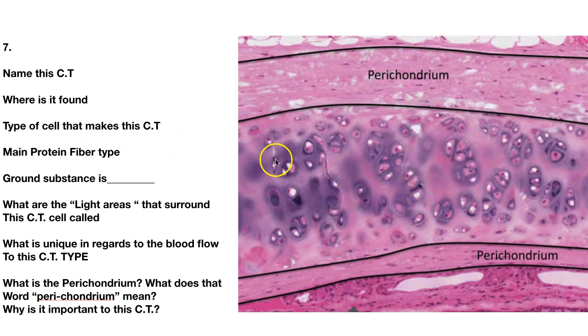What type of cell? These are all chondrocytes, chondro meaning cartilage. So the main protein fiber is going to be collagen, but in this case, the collagen is a very fine, delicate protein fiber, so we really can't see it very well under the microscope. You're just going to see this hazy, glass-like look in the matrix.